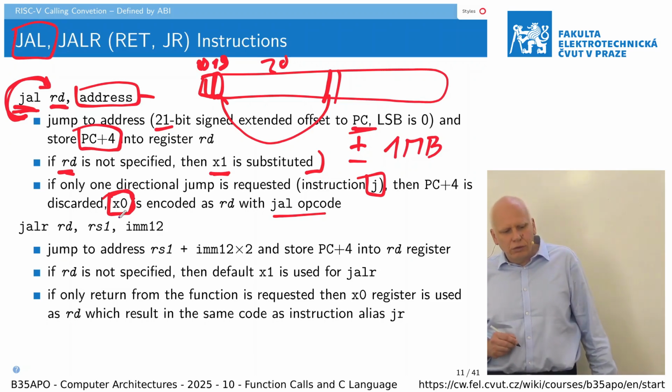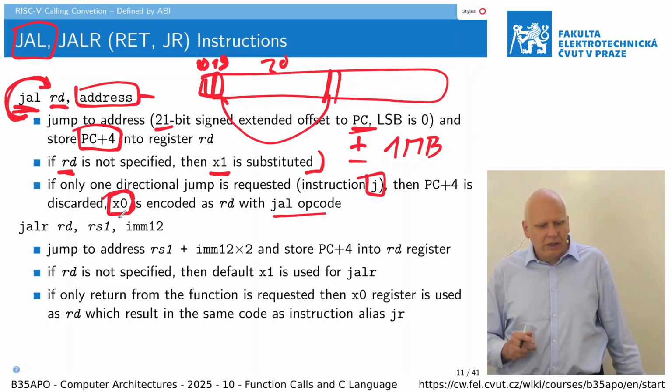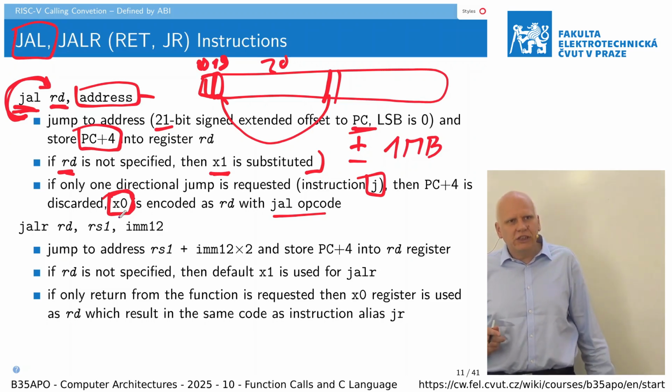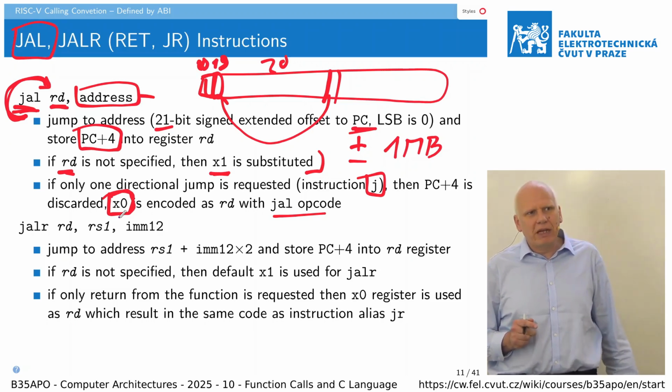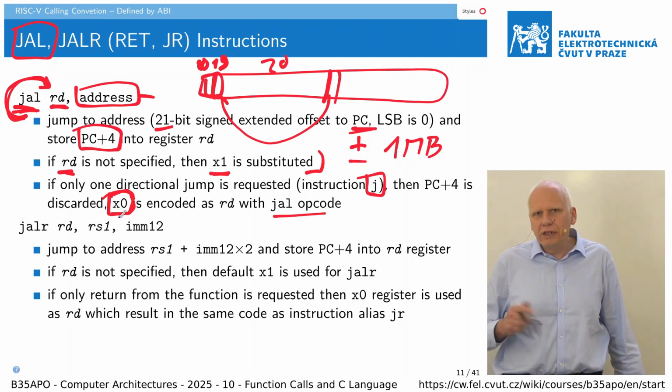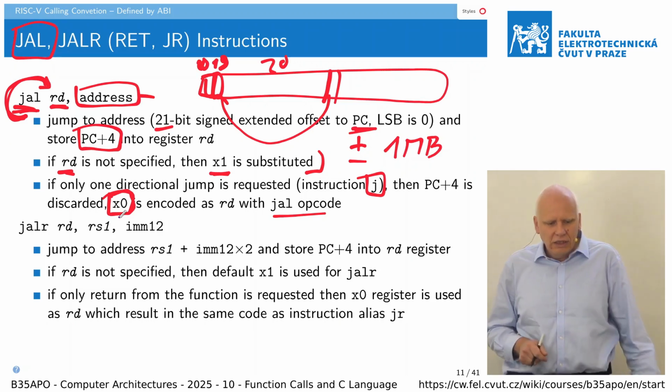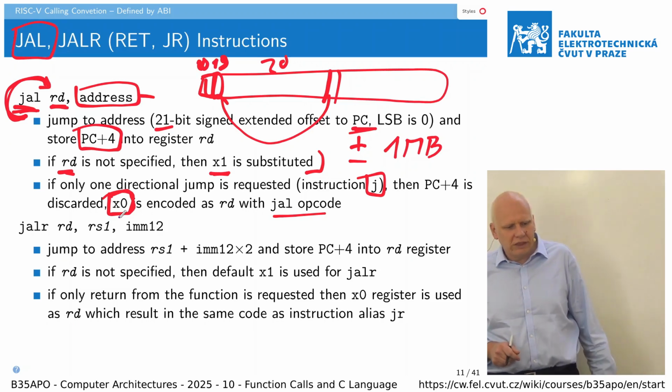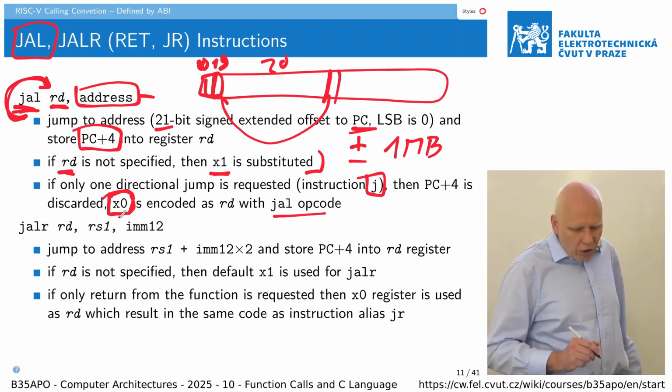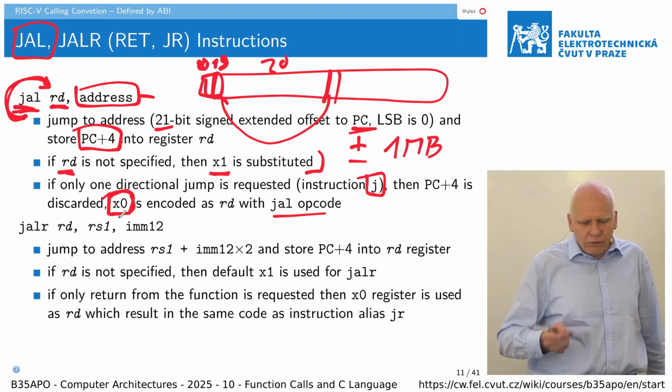Sometimes you want to jump to some subroutine which is specified, for example, by a pointer. If we have a virtual function, then we read the virtual function pointer and need to jump to the start of that virtual function. Or sometimes you want to return from the subroutine.